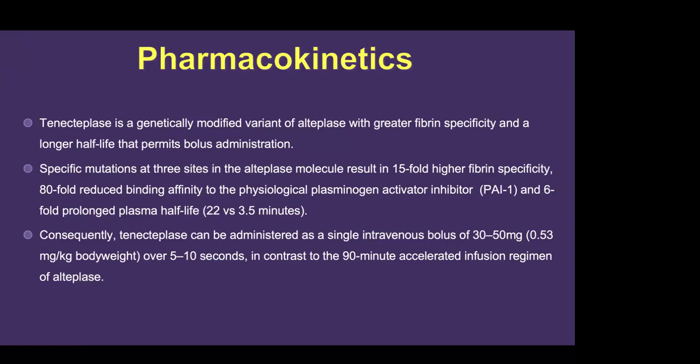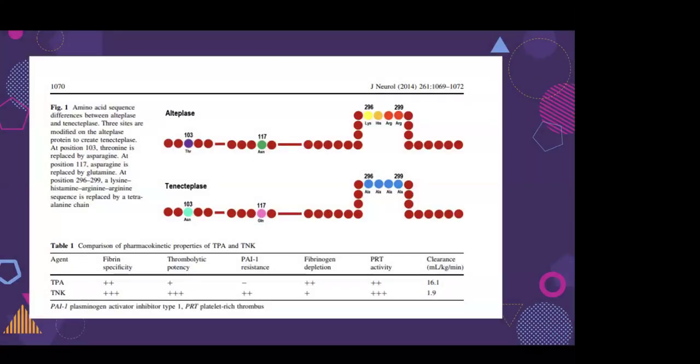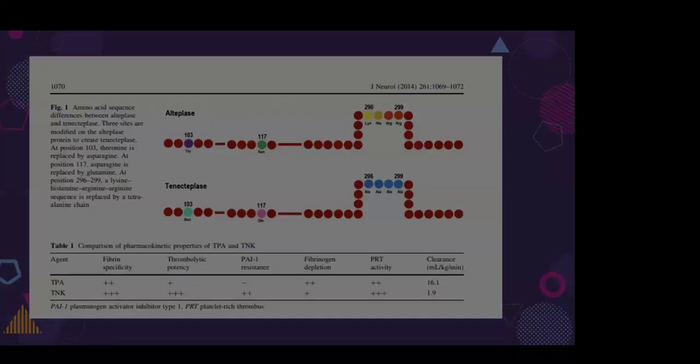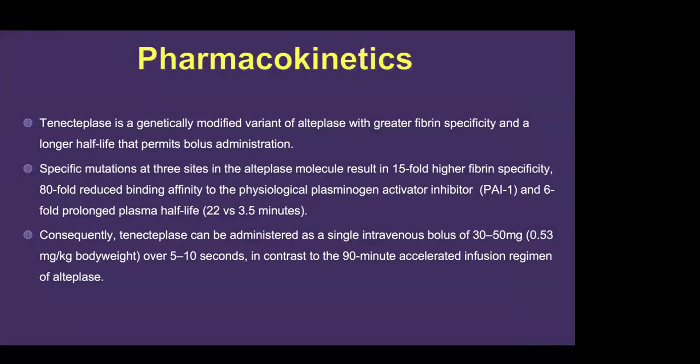And the reason is on the next slide. The above molecule is the alteplase, the below is tenecteplase, and they are genetically modified at 3 different locations, which makes it about 15 times higher fibrin specificity and 80 times reduced binding affinity to the physiological plasminogen activator inhibitor.